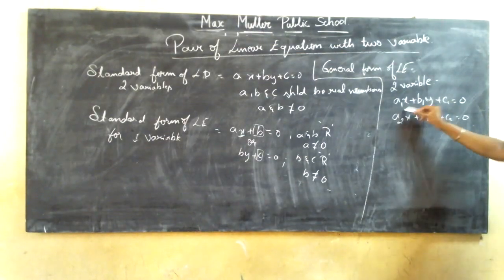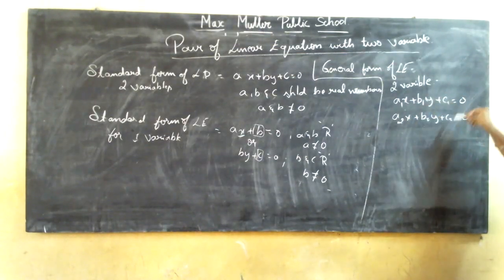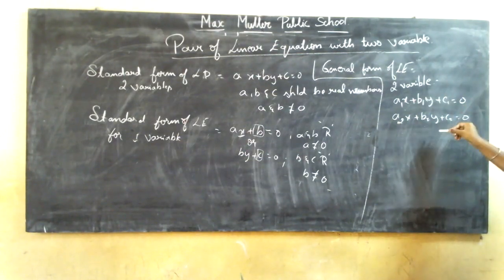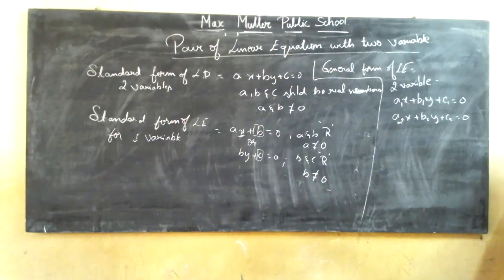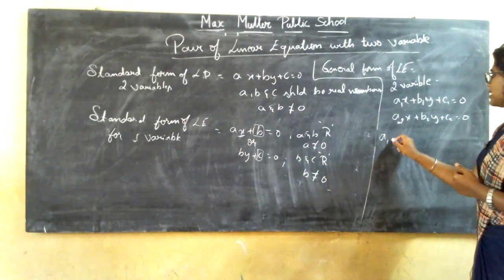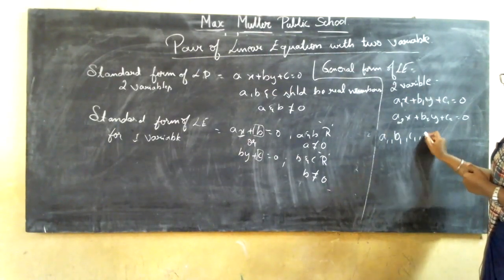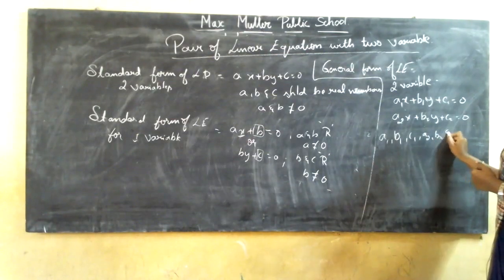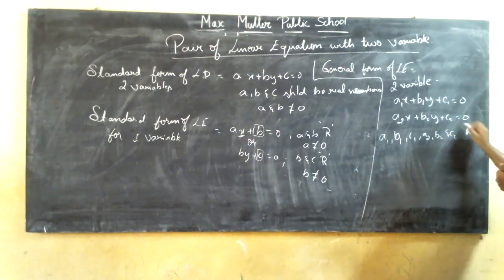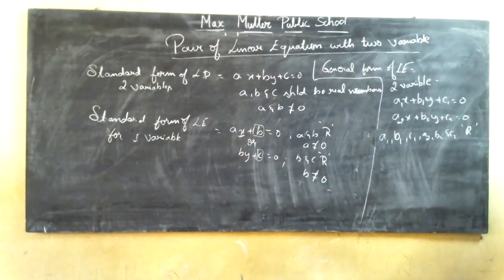The condition is that a1, b1, c1, a2, b2 and c2, all the 6 numerical coefficients, should be real numbers. Let me write that a1, b1, c1, a2, b2 and c2 should be real numbers. Then what is the condition?